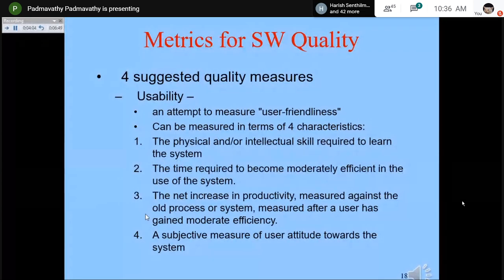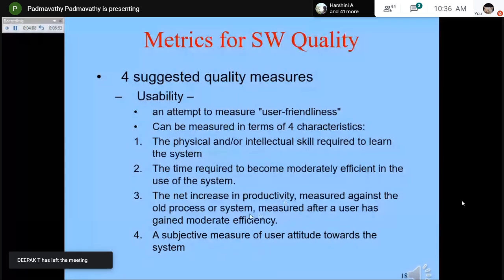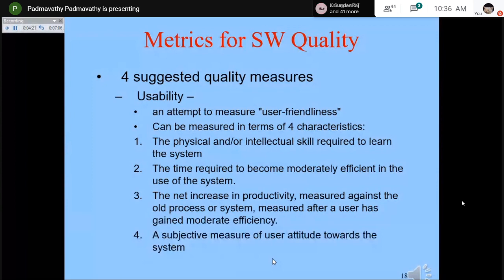The net increase in productivity is measured against the old process or system. It is measured after a user has gained moderate efficiency, and also a subjective measure of user attitude towards the system. So considering the user attitude also, because older generation people's attitude towards the presentation of data to them will always be different. They will say, why is this so small, nothing is visible, why are there a lot of buttons.